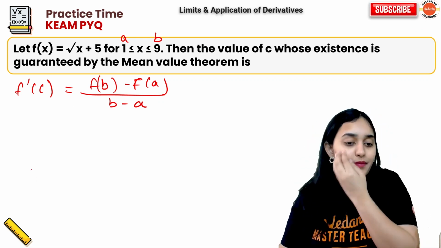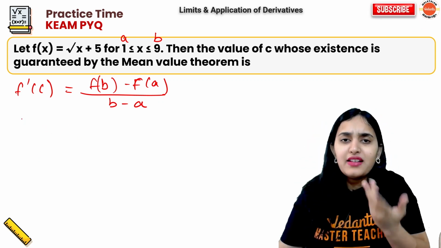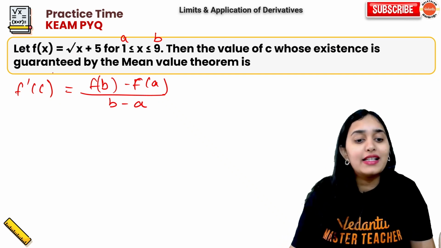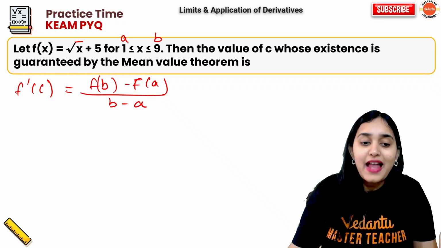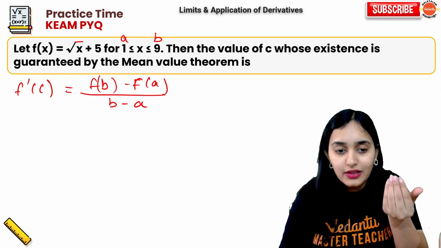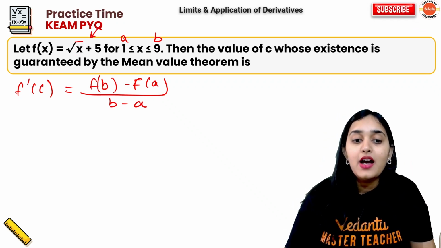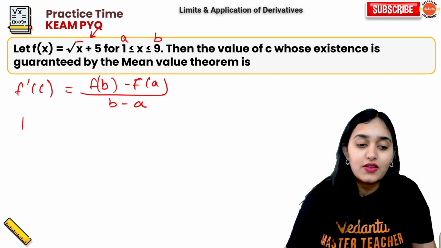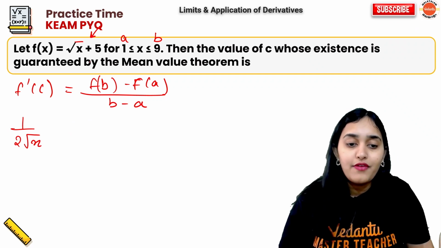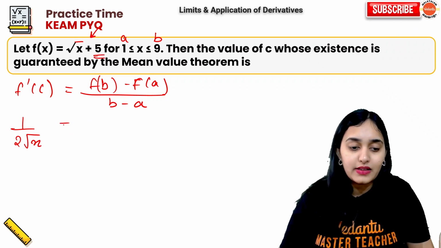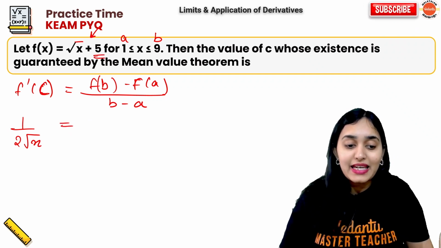What do you get? So, first let's find out f dash of c. Here, what is f dash of x? When you differentiate it, what do you get? Root over x differentiation is 1 upon 2 root x, right? 5 differentiation is 0, is equal to, now we have to put c in place of x.